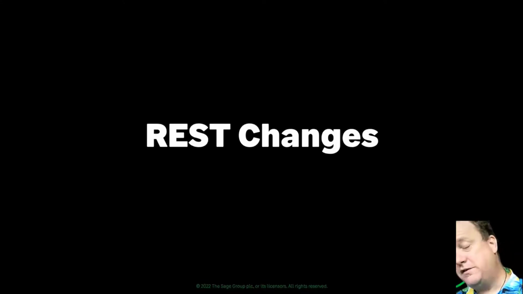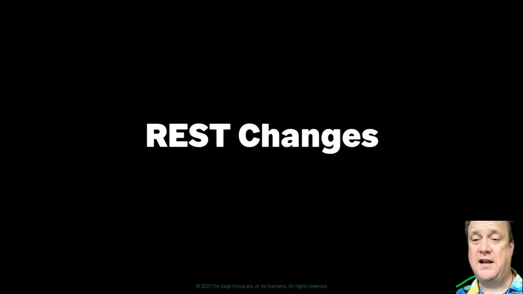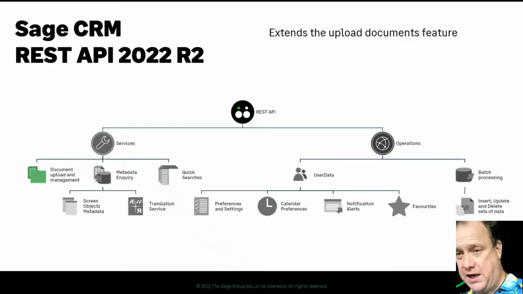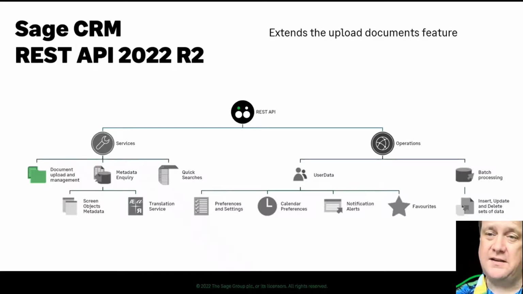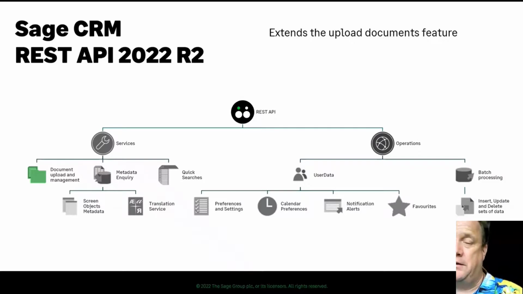Because of those changes, we've also had some other changes within the product as well. So there have been the REST changes. And what we've done is we've extended the file upload endpoint, to allow that service to bring a file into a named target folder.